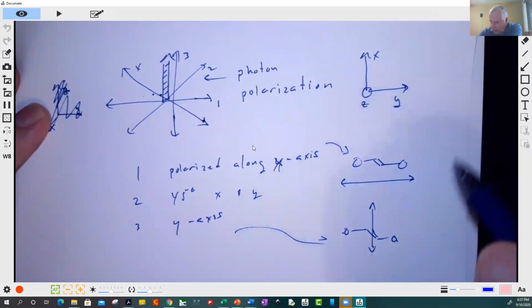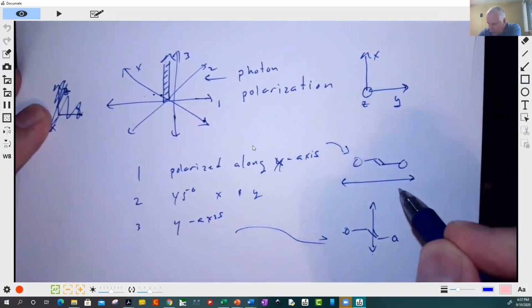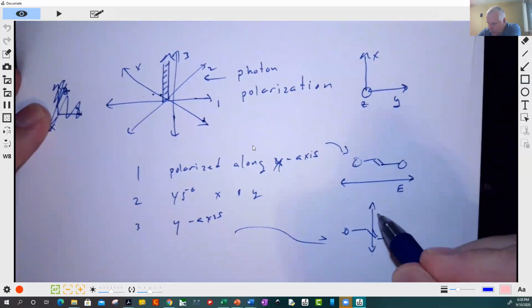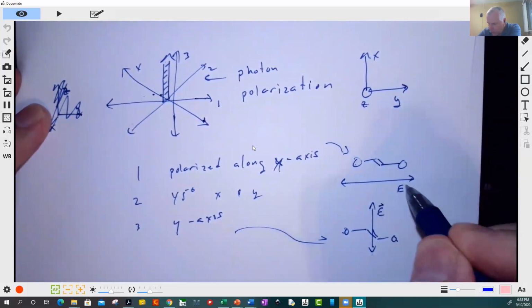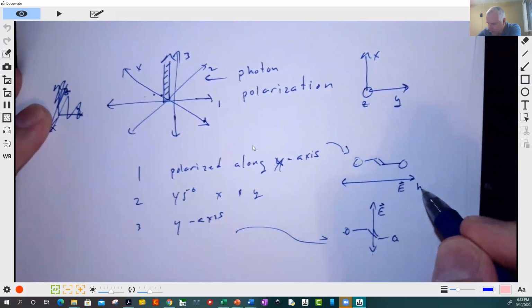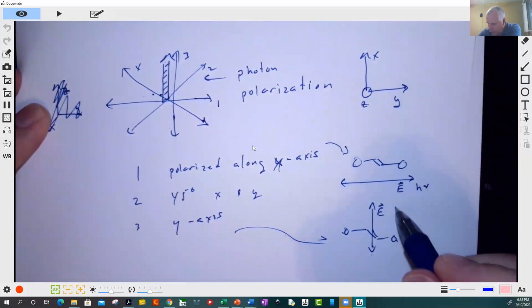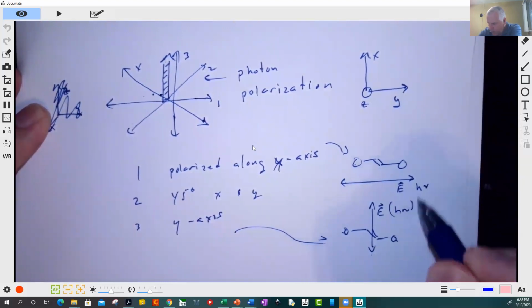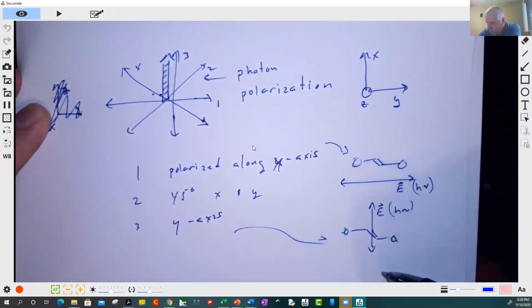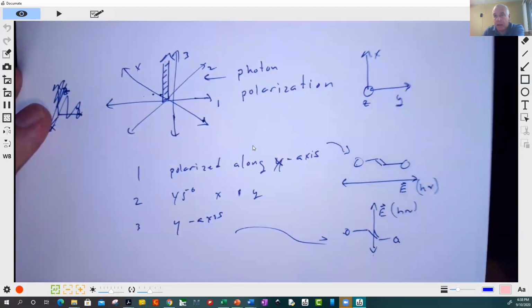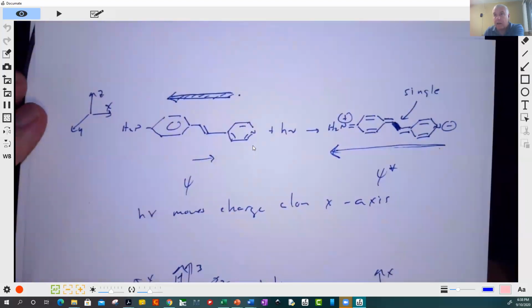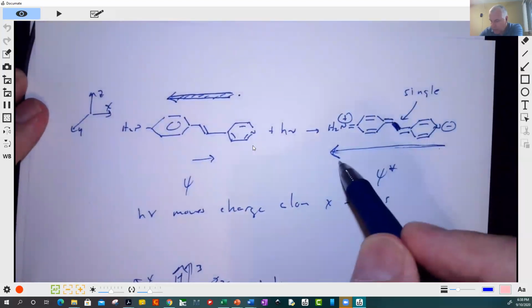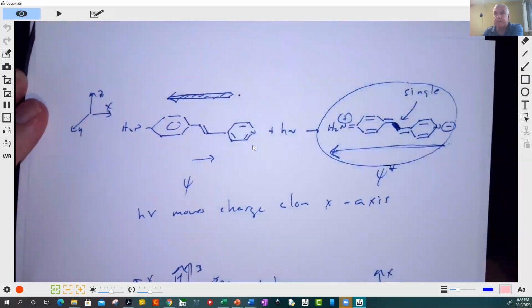But of these light polarizations, we've got the polarization vector there and the polarization vector there of the light, right? Which of these two polarization axes will interact with the molecule such that it creates this charge separation state here?